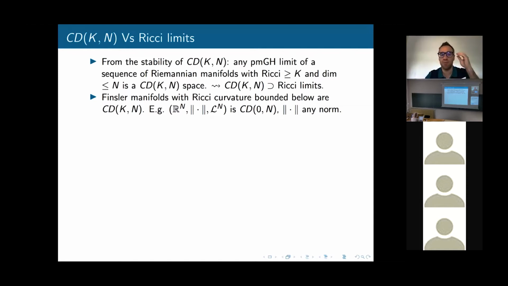If you have an n-dimensional Finsler manifold with Ricci curvature bounded below by K, then it is a CD(K,N) space. Just to fix ideas with something concrete, if we consider R^n with any norm and the n-dimensional Lebesgue measure, then this is a CD(0,n) space.